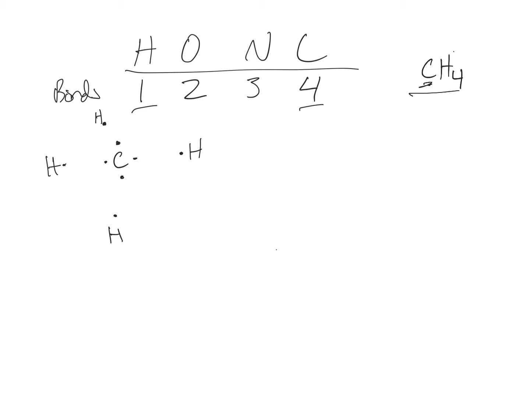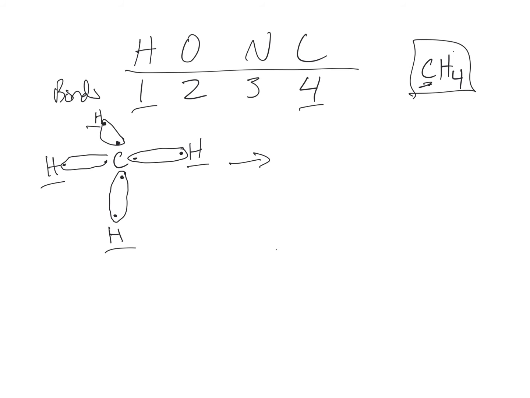So when methane forms a molecule, these are each individual atoms. These 5 atoms are going to form this molecule. These 2 electrons are going to form a bond. These 2 electrons are going to form a bond. These 2 and these 2. And so we can rewrite this molecule as CH4, something that looks like this.